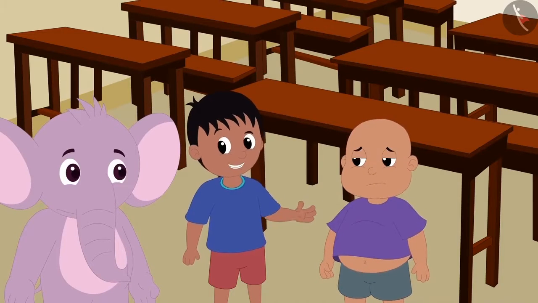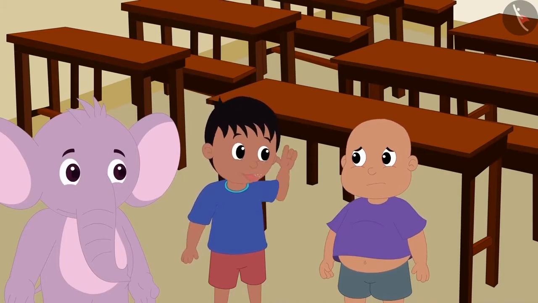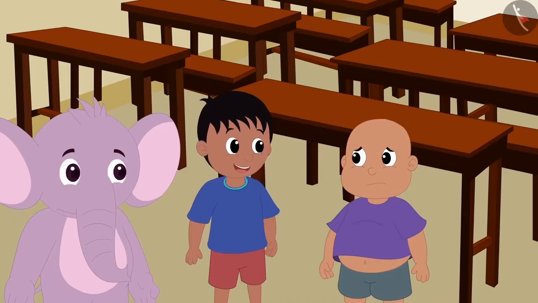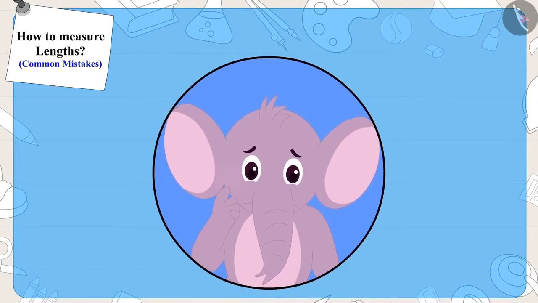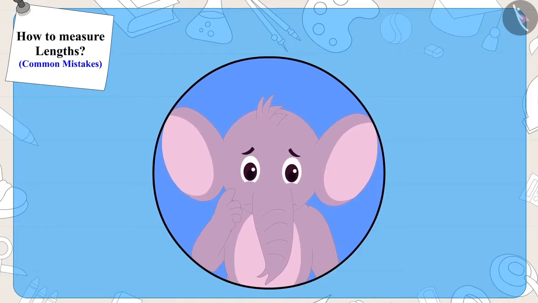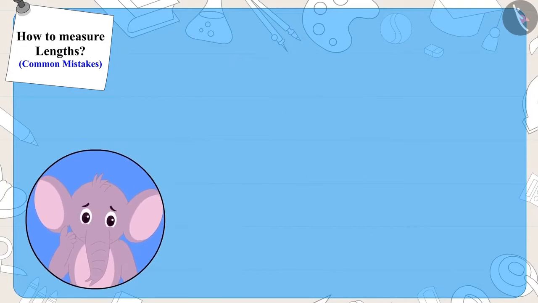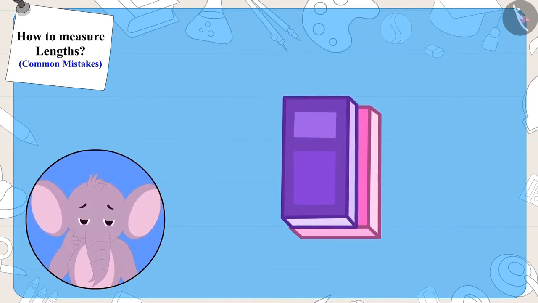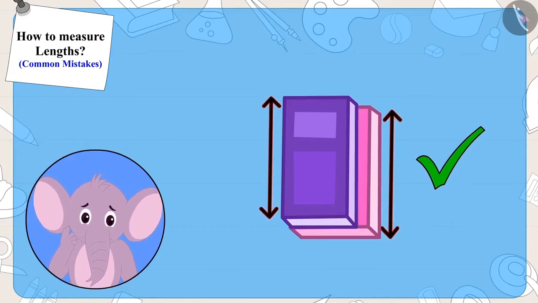Raju started teasing Bablu, saying that his notebook was longer. Appu was doubtful. He immediately kept one notebook above the other and found that both notebooks were of the exact same length.